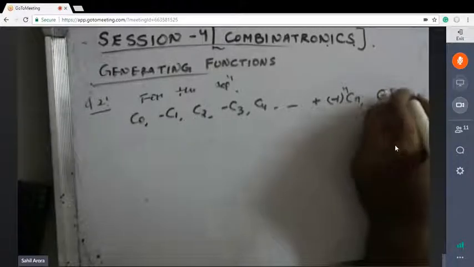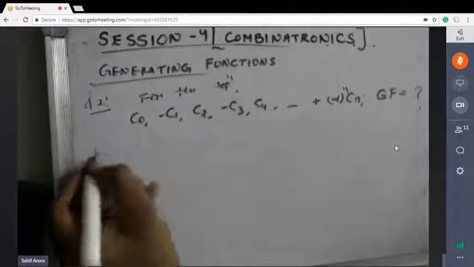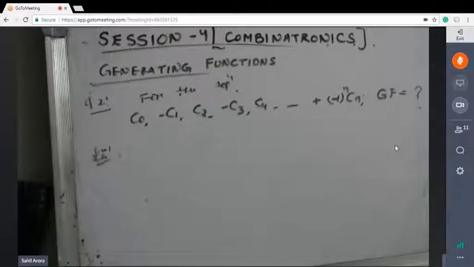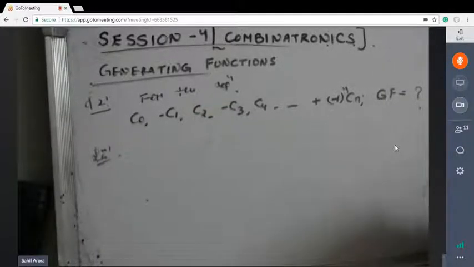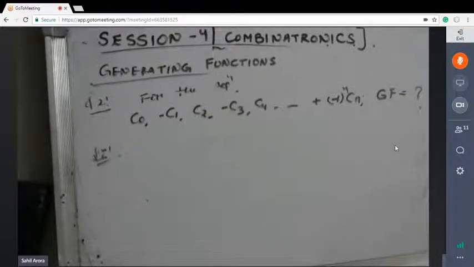Again, you have to tell me the generating function. Again, it is very simple. You can write in the chat window if you know the answer. Yes, I think you are right: (1 - x)^n.